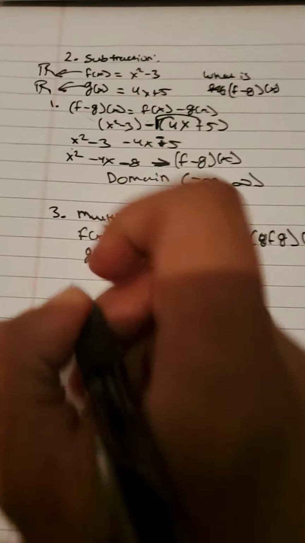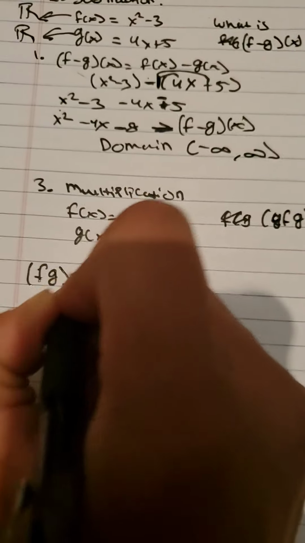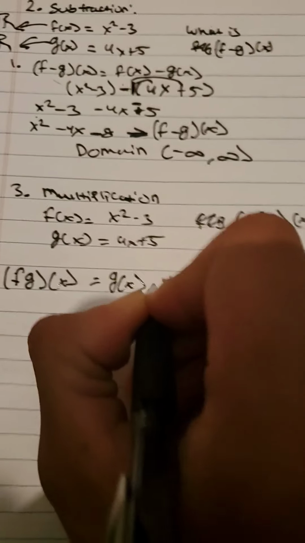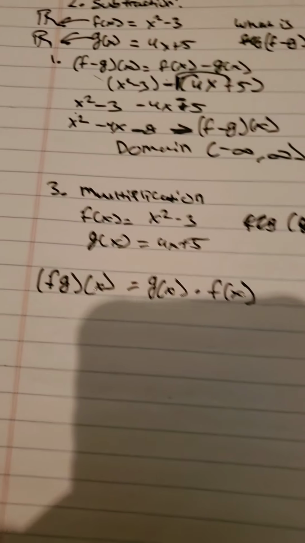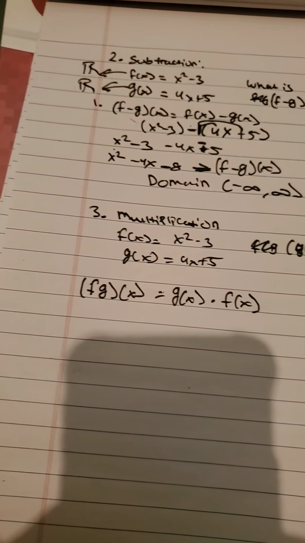Alright, so write the definition out, like always. It's equal to g of x times f of x. Like I said, multiplication is commutative, so either order I write it in works.